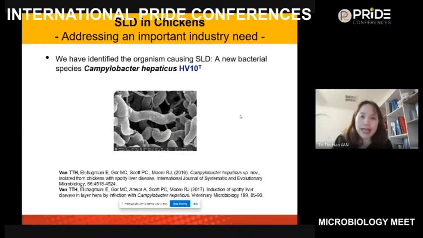Shortly after that, our group isolated the bacteria, and we went further. We did all the biochemical tests and all the genome sequencing, and we concluded this is a new bacteria, which we named Campylobacter hepaticus, and the type strain is HP10. Hepaticus means liver, as it was isolated from liver.